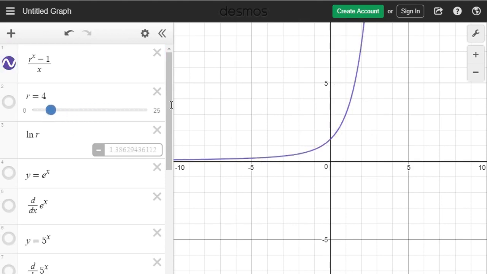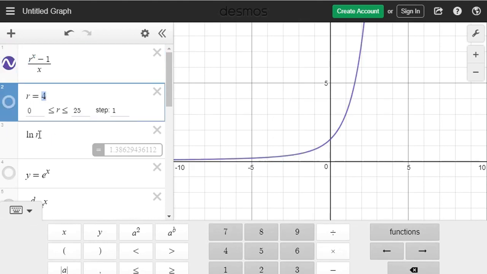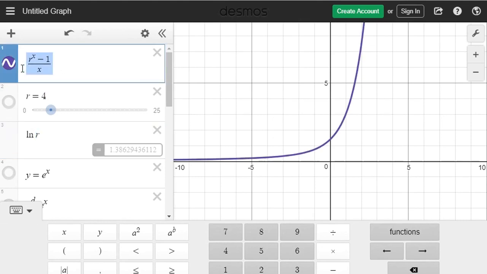If I make it kind of small, like r equals 4, notice that it's getting sandwiched around 1.38. So what I'm noticing is that whatever number is here, the natural log of that number is basically what happens as the limit of this approaches 0.